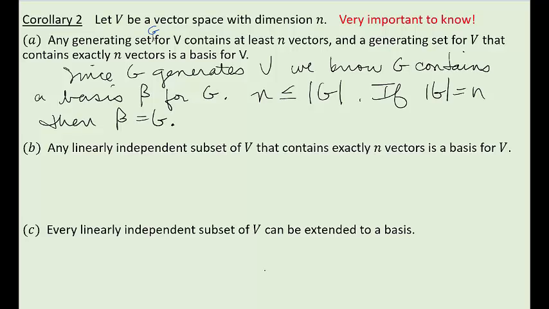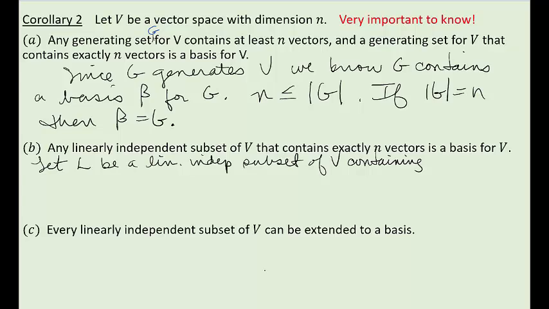Part B, any linearly independent subset of V that contains exactly n vectors is a basis for V. Well, let's let L be a linearly independent subset of V containing n vectors.